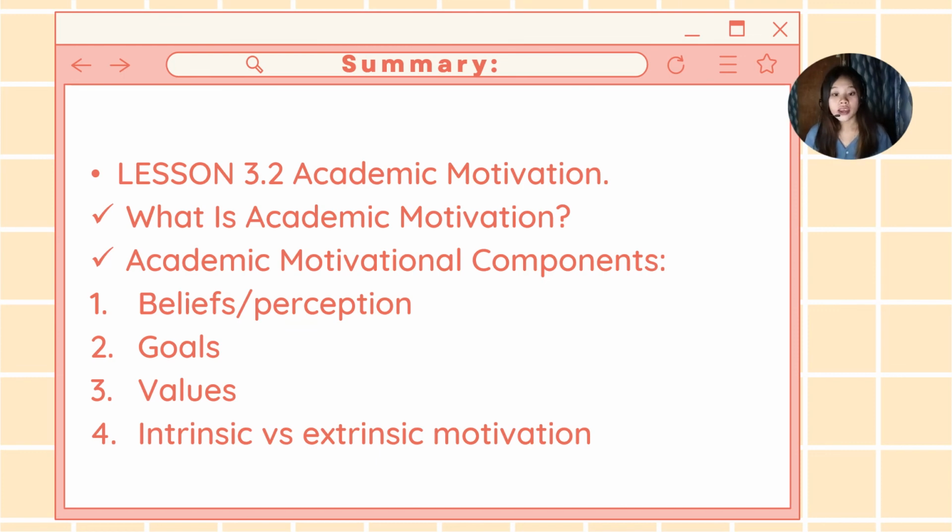And these are the academic motivational components. First is beliefs or perceptions. Second, goals. Third, values. And lastly, intrinsic versus extrinsic motivation.